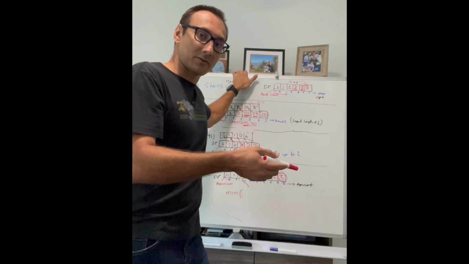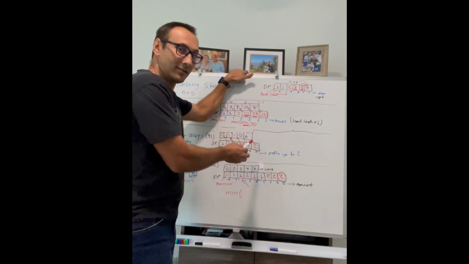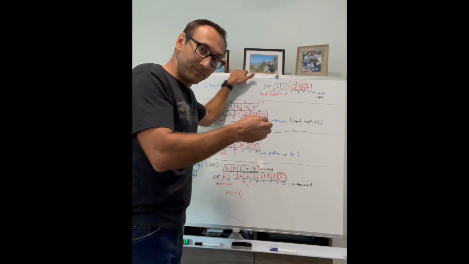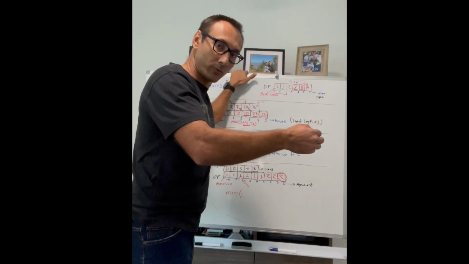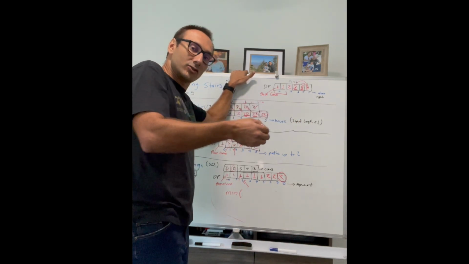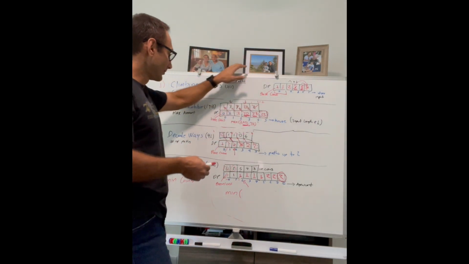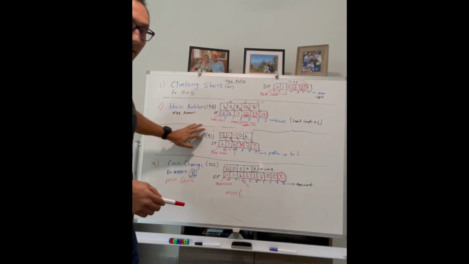That's one option, like this one. But sometimes, like here, you need to move forward, making a decision based on what you did just in the past. One step back, 2 steps back, like this one here.